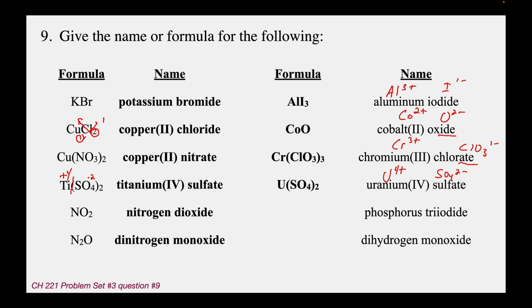But anyway, tri is 3. Phosphorus means 1 phosphorus. Triiodide means 3 iodines. PI3. And the next one's probably the most famous of all these compounds. Dihydrogen monoxide would be 2 hydrogens and 1 oxygen. The oxygen is listed last.